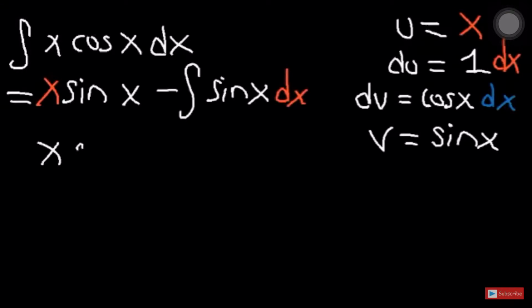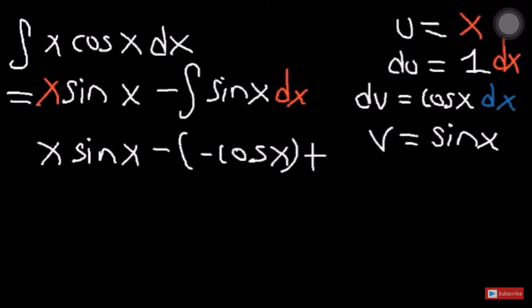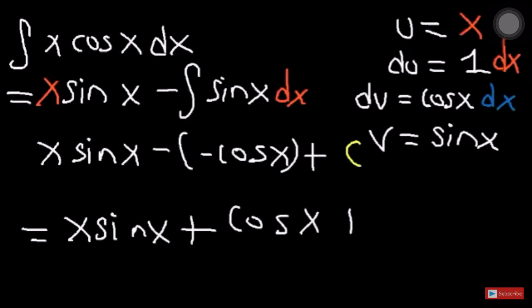So what is the antiderivative of sine x? The antiderivative of sine is negative cosine, because the derivative of negative cosine is positive sine, plus c. So our final answer is x sine x plus, since we have two negative signs, cosine x plus c.